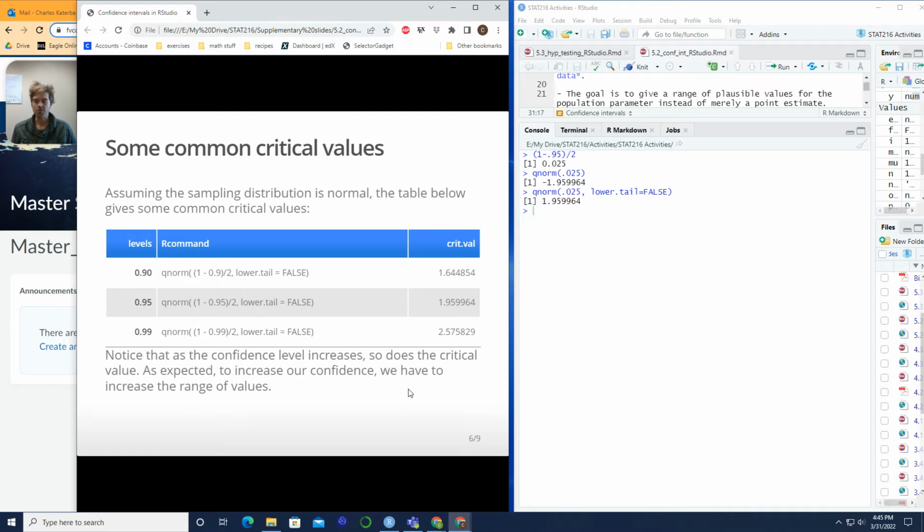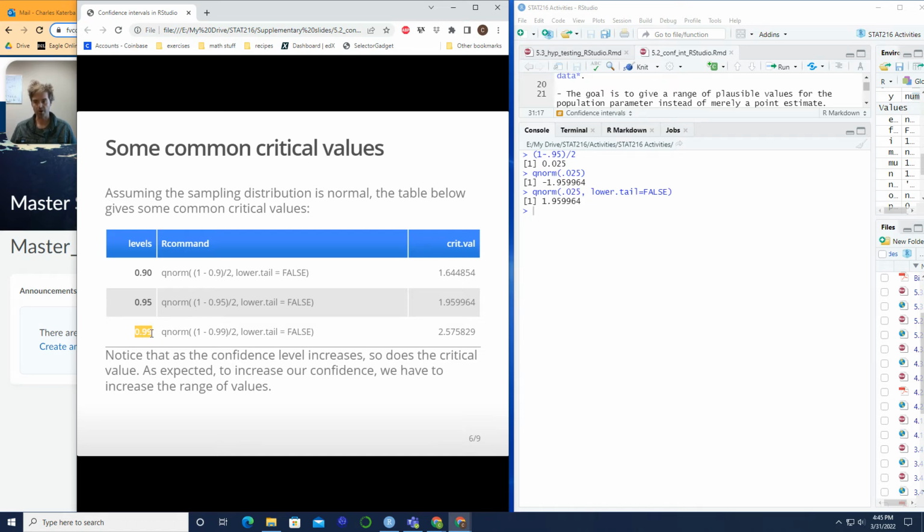The thing that we want to notice here is that as our confidence level increases, the critical value increases. That's because what we're finding is the number of standard deviations above and below the mean you need to look in order to encapsulate whatever percentage of samples we're looking at.